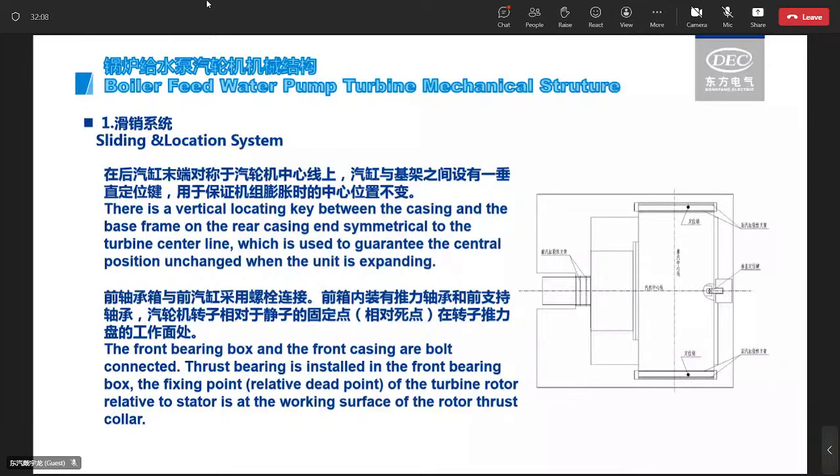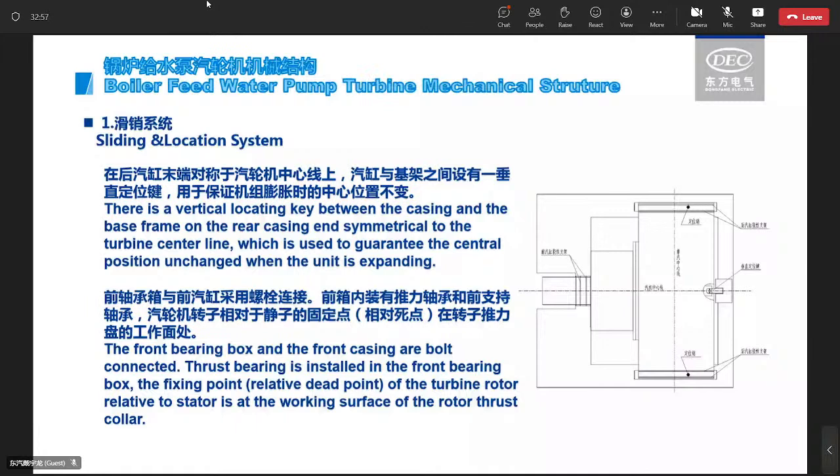Since the unit has a high operating speed and a wide speed range, like 2,840 to 6,000 RPM, all moving blades are non-frequency-modulated.